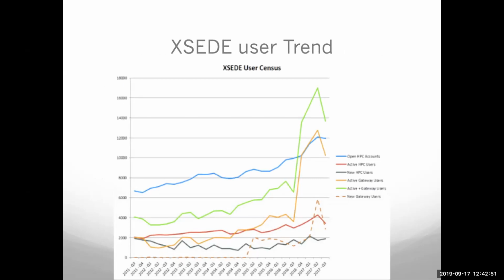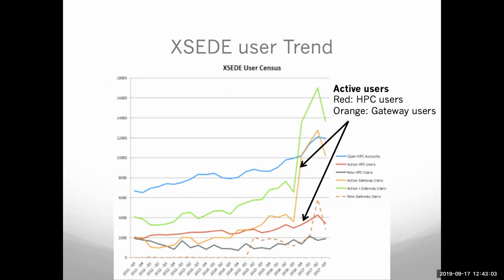So here is a chart of XSEDE users over time. This is not current, but goes until 2017. I think there are only two lines to quickly take a peek at, the orange and the red. The red line indicates the active HPC users, and the orange line indicates the active gateway users.